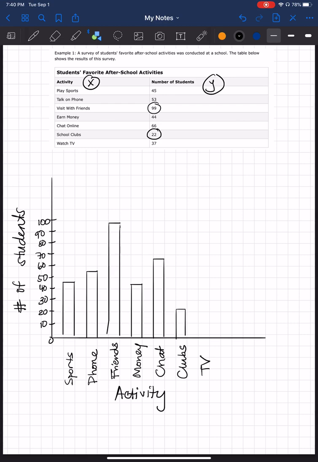And then TV is 37. And then that's it. One thing we're missing, hopefully you noticed as well, is we don't have a title yet. So here you go, your easy title. We're gonna go activity versus number of students. And it's just that easy.